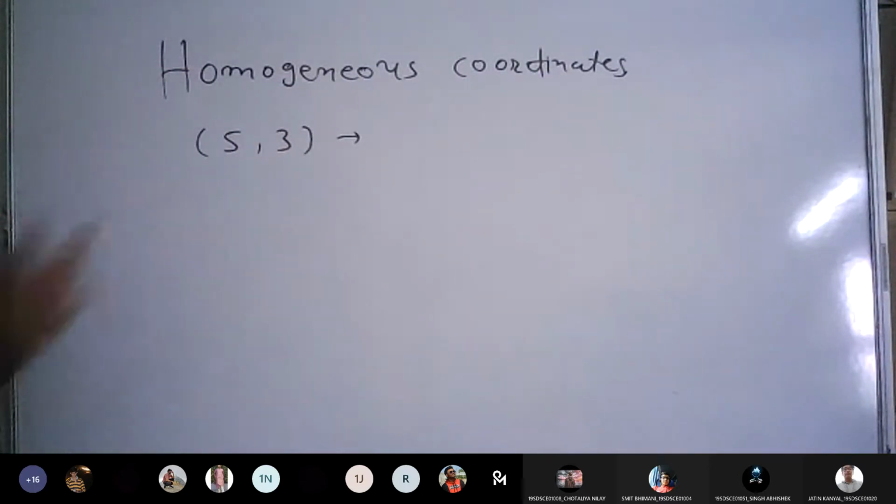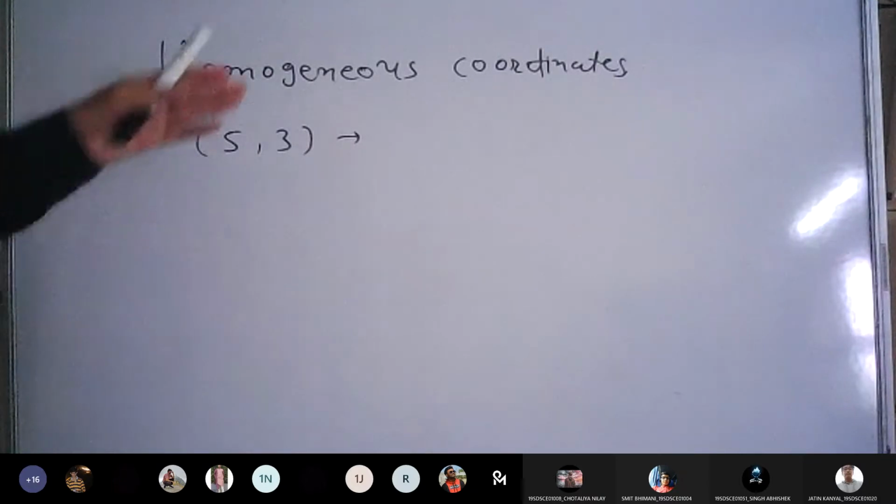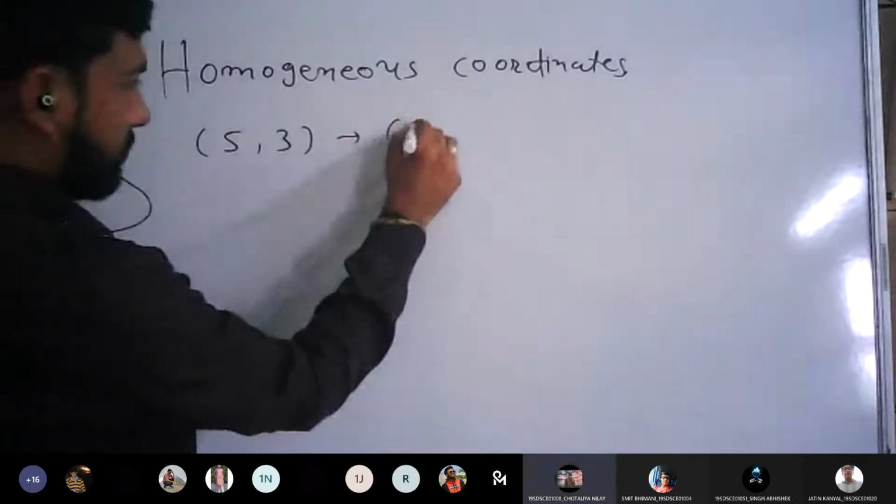Now, can you help me write all the possible homogeneous values for this point? Other than Jatin, I want other people to reply. Just help me write all the possible homogeneous values. 5, 3, 1, correct.